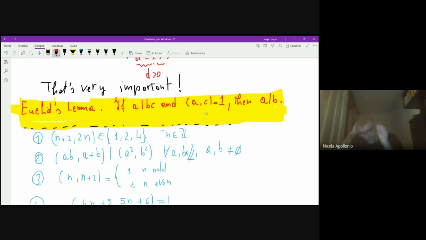Some of you may know the fundamental theorem of arithmetic, and we will shortly see this theorem. But you know that every integer can be factorized into its prime factors, each one counted with its own multiplicity.